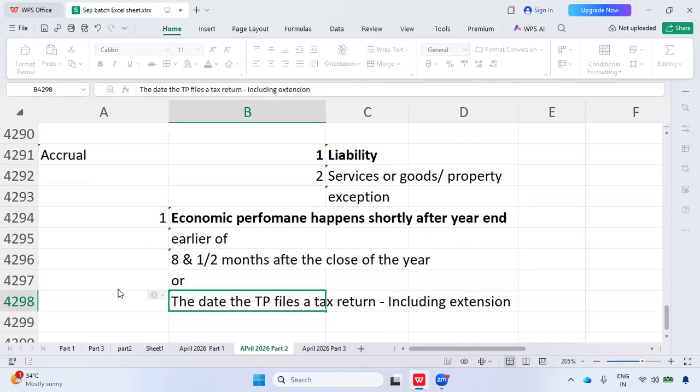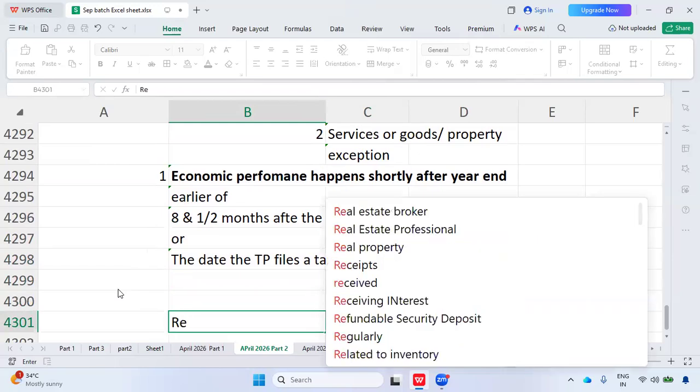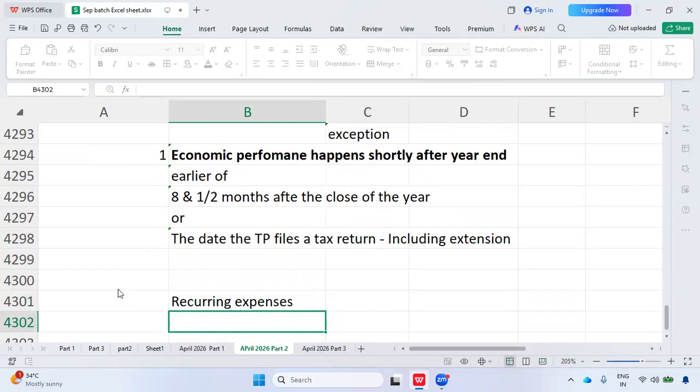So why this condition? Generally the rule is that it should be a recurring expense. In recurring cases, the economic performance may not happen in the same year itself, because these expenses will be there every year. That's the reason there is a small exception for recurring expenses.